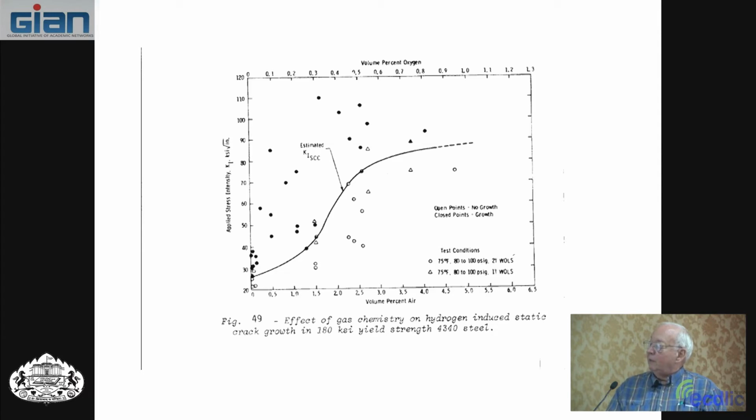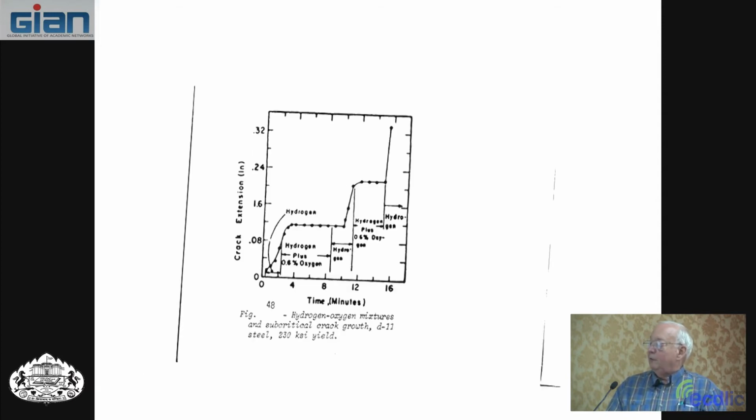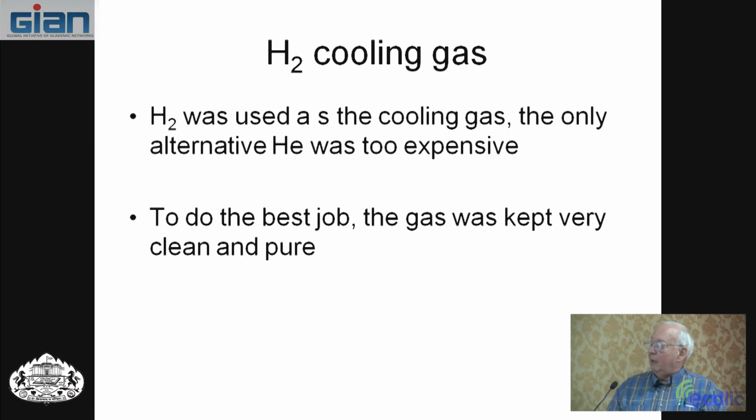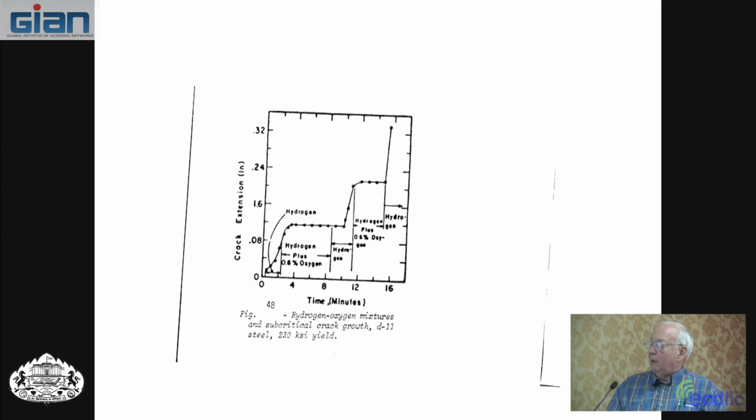And the K1SCC line is here on the right side with a little bit of air. This is not just pure oxygen, but a little bit of air. You stop the growth. So if instead of trying to keep this gas very clean and pure, they had let it get a little bit dirty, they could have stopped things from growing.